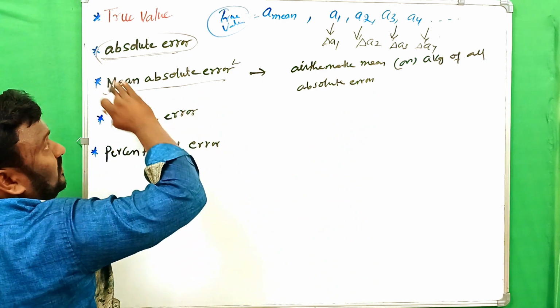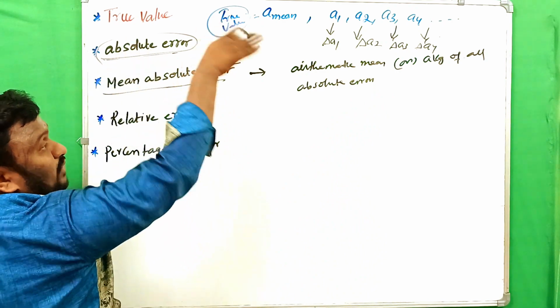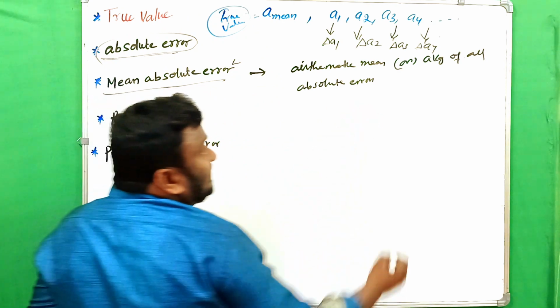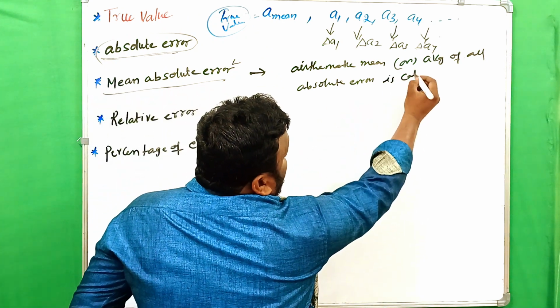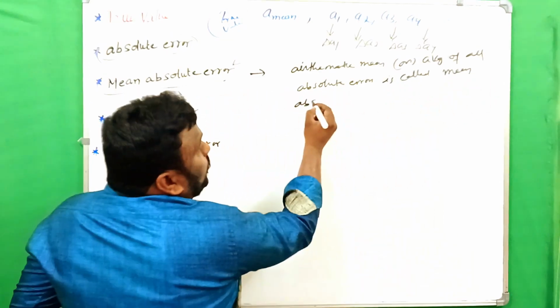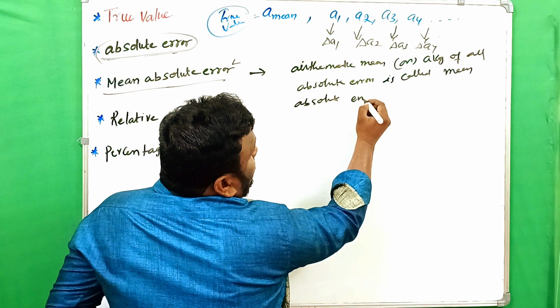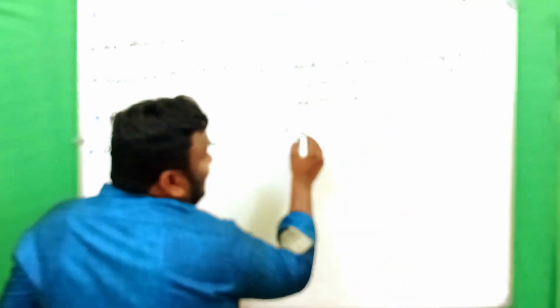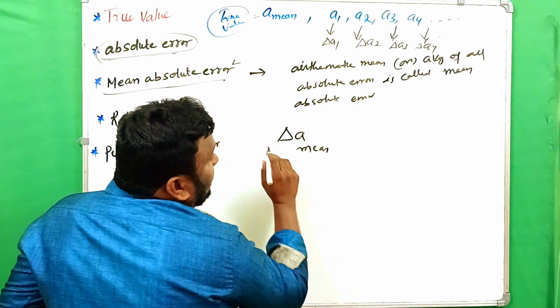The average, the arithmetic mean, of all the absolute errors is what we call the mean absolute error. Clear, children? So how can we write it? Delta A mean is the mean absolute error.